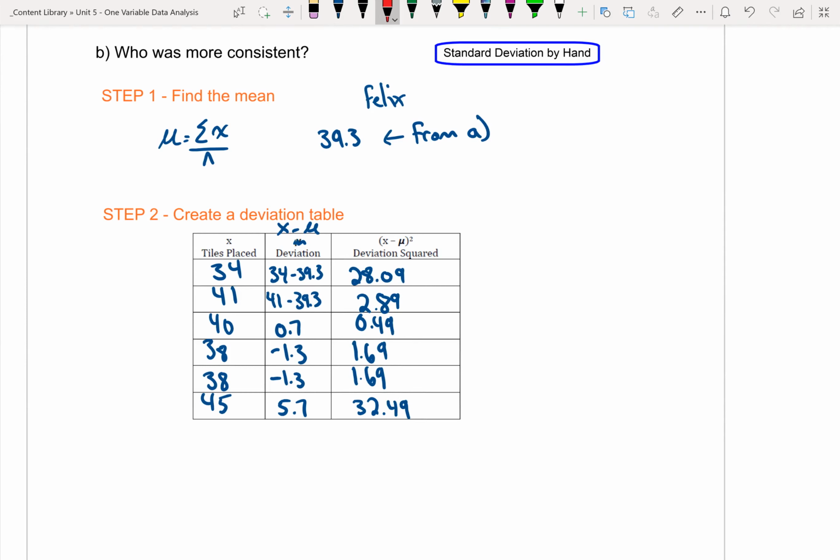Now the key thing here is because we are squaring it, this entire column should have no negatives. Now it's okay that the deviation has negatives, but when we square the deviation, we want to make sure that there are no negatives. So make sure you're using your calculator correctly.